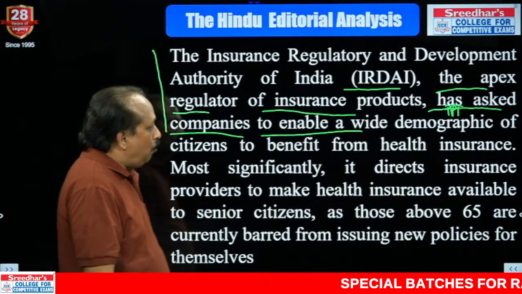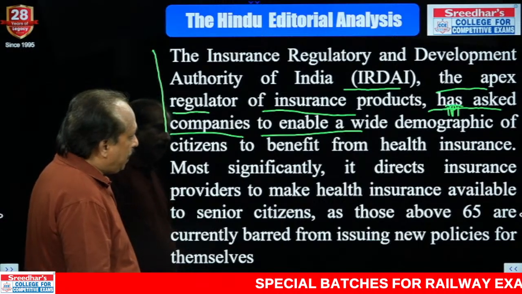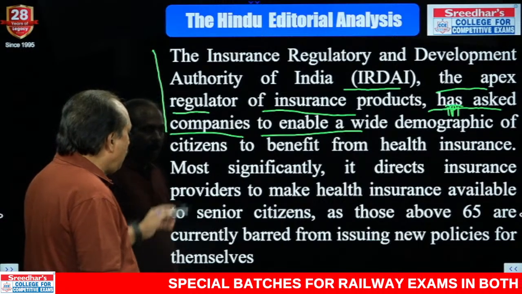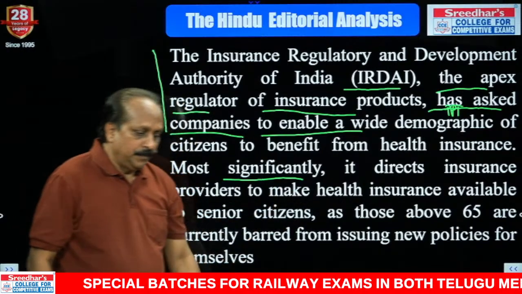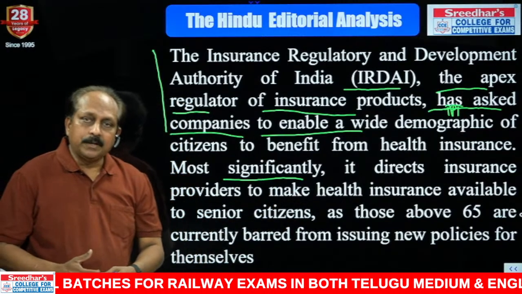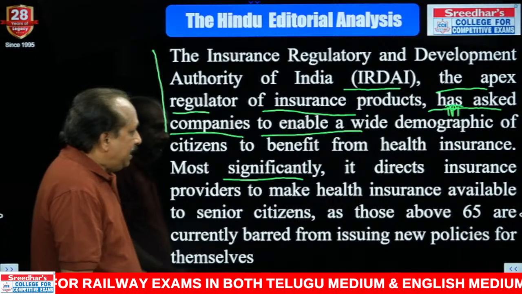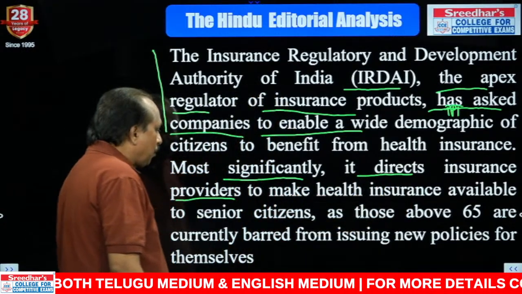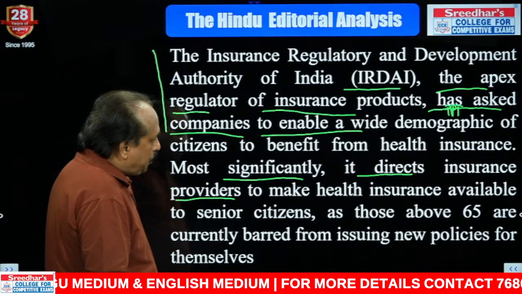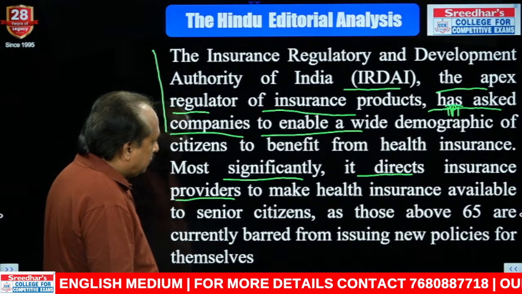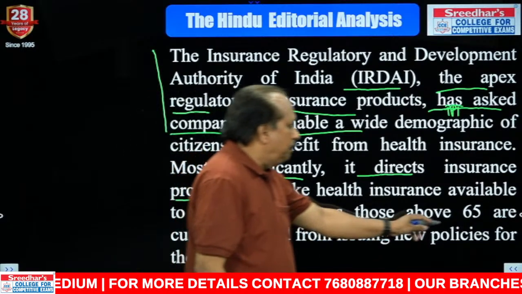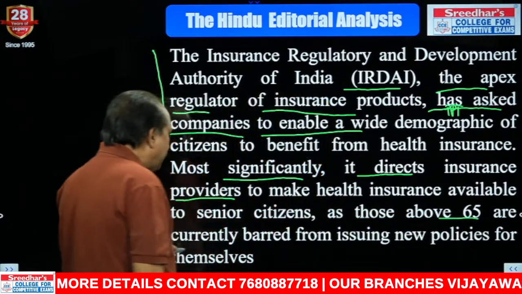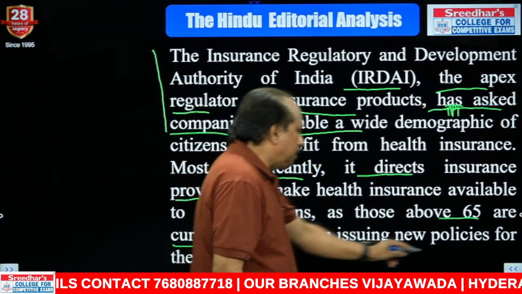Most significantly, significantly means what? Importantly, most importantly, it directs the insurance companies or insurance providers to make health insurance available to senior citizens, as those above 65 are currently barred from issuing new policies for themselves.